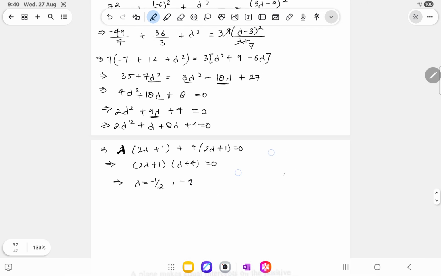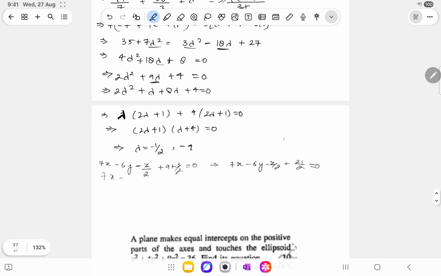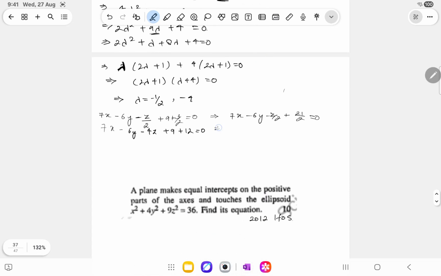So the equations of the tangent planes passing via the given line are basically 7x minus 6y minus z by 2 plus 9 plus 3 by 2 equals 0, which is 7x minus 6y minus z by 2 plus 9 to 18 plus 3, 21 by 2 equals 0, and the other equation will be 7x minus 6y minus 4z plus 9 plus 4 threes are 12 equals 0, which is basically 7x minus 6y minus 4z plus 21 equals 0.